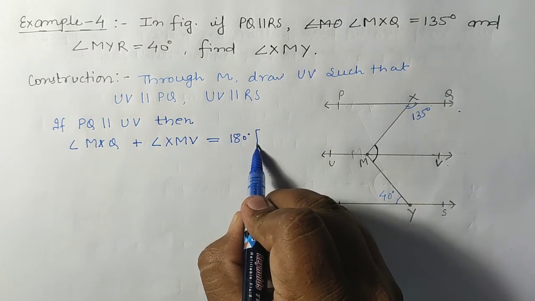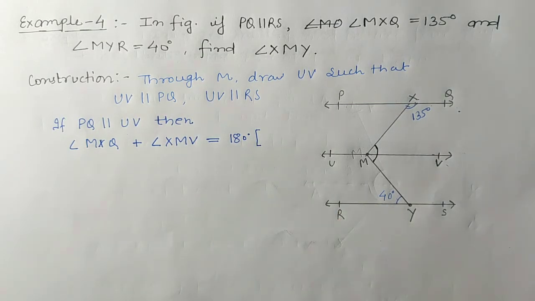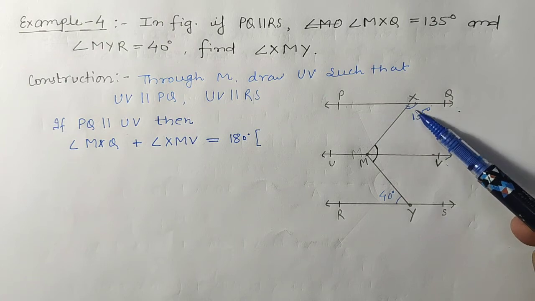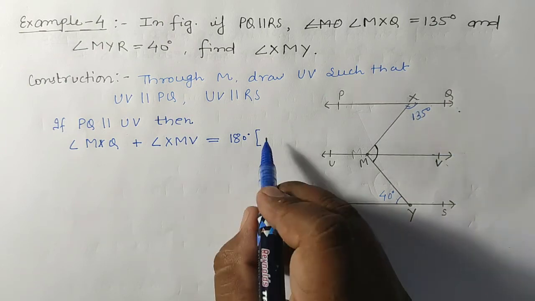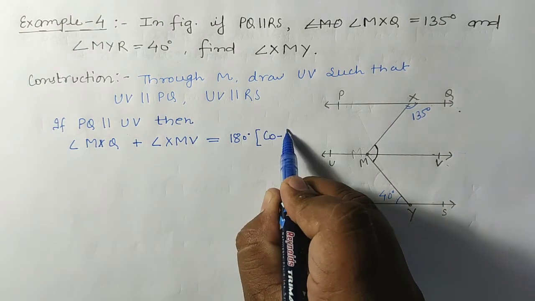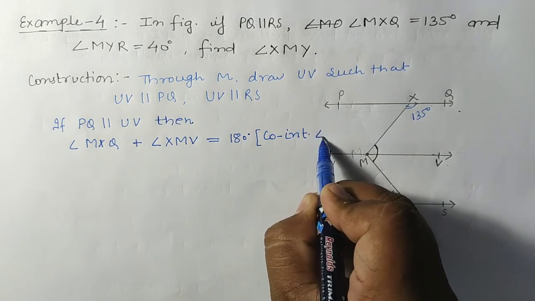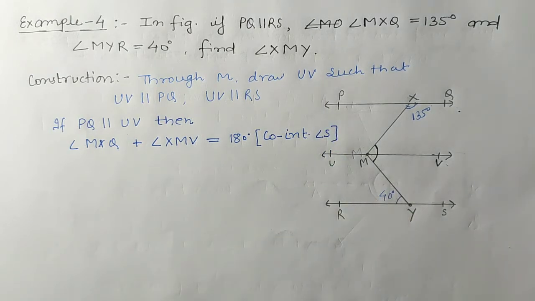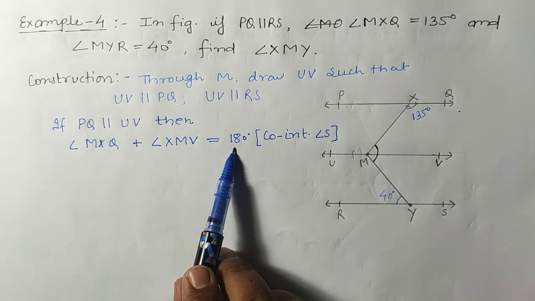What is the reason behind it? We have studied it earlier, that these are pairs of co-interior angles. So their sum will be 180 degrees.